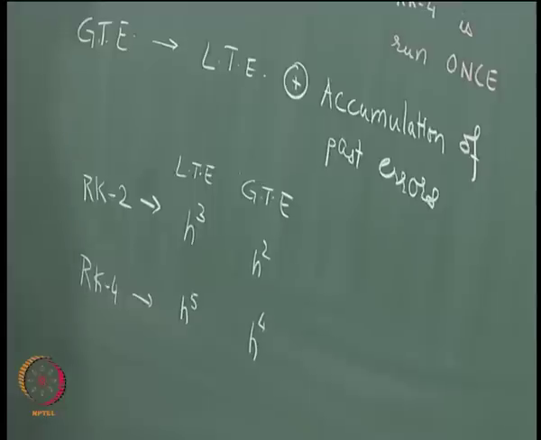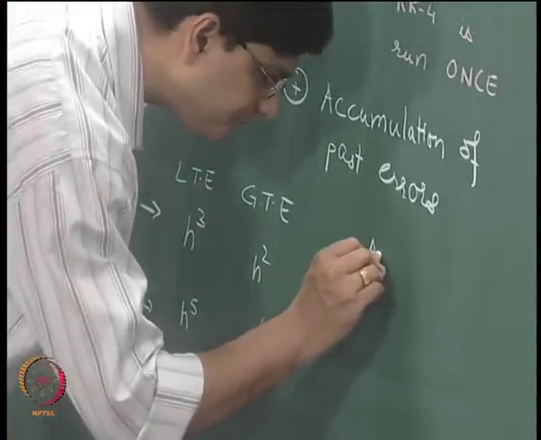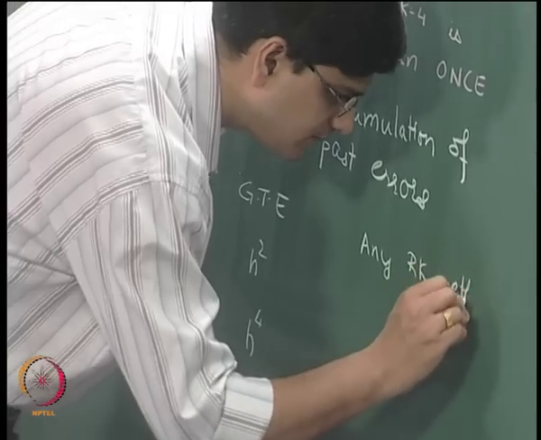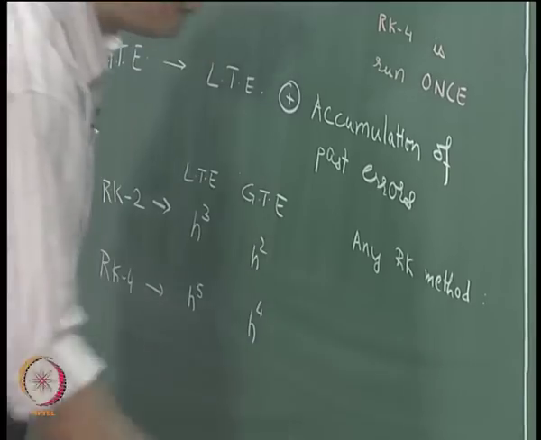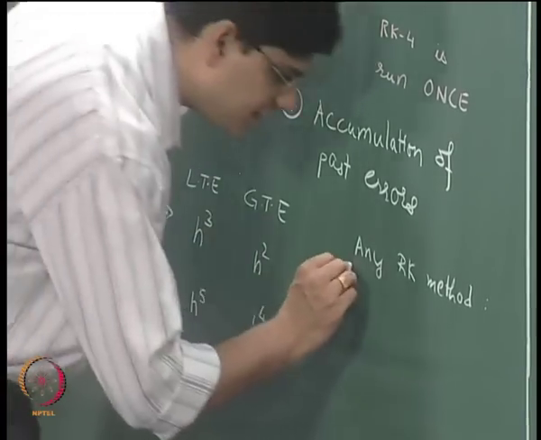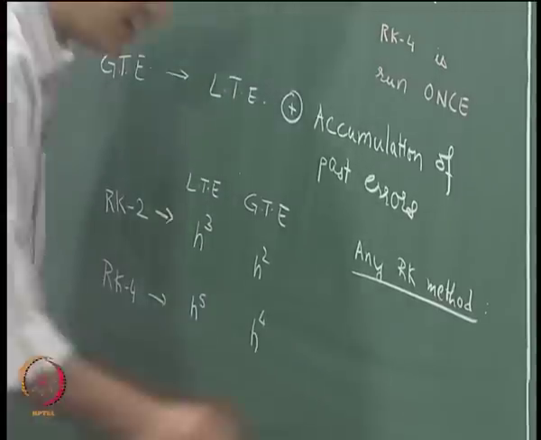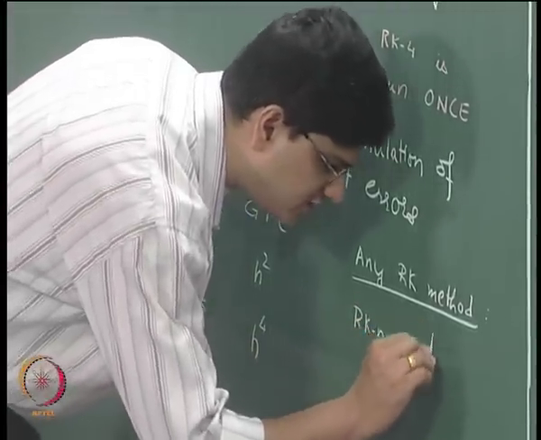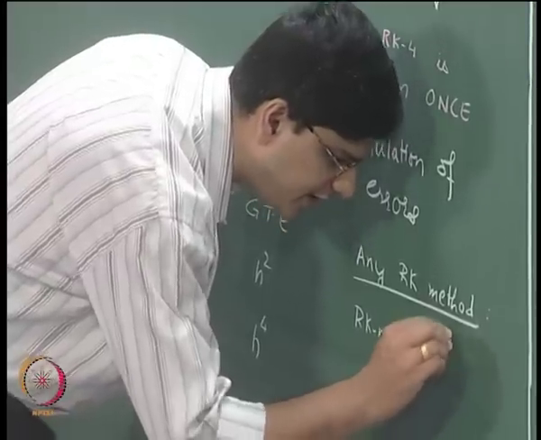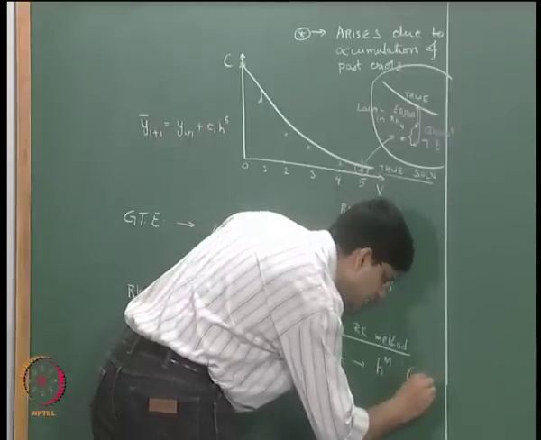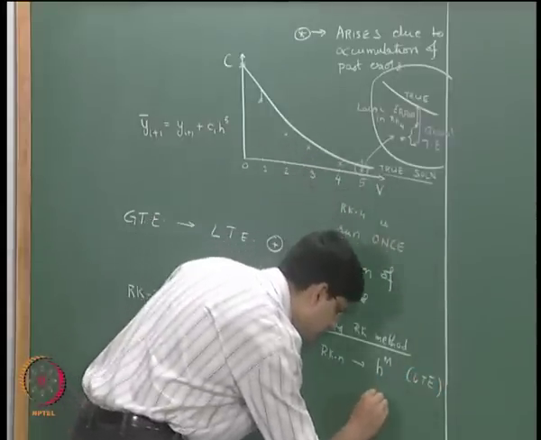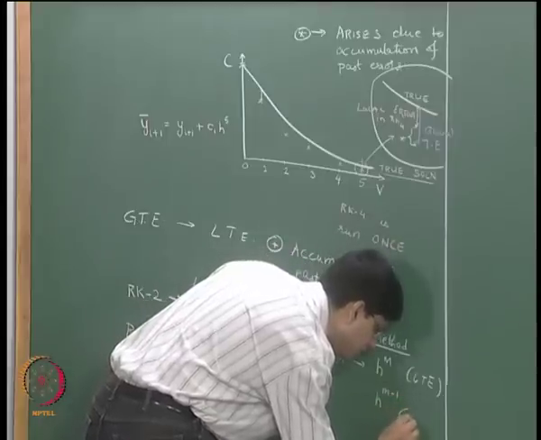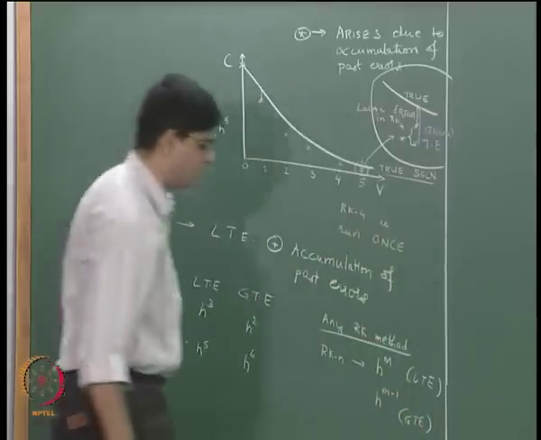So for any RKN method, if the accuracy is h to the power m in the local truncation error, then the accuracy is going to be h to the power m minus 1 in terms of global truncation error.